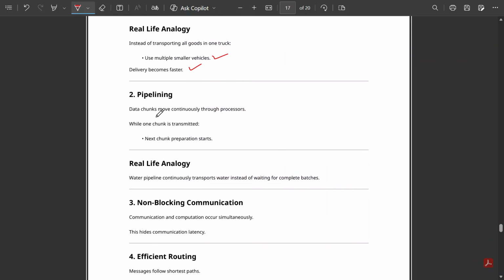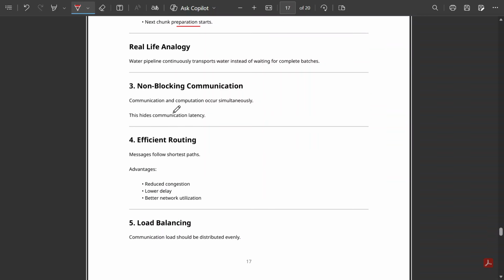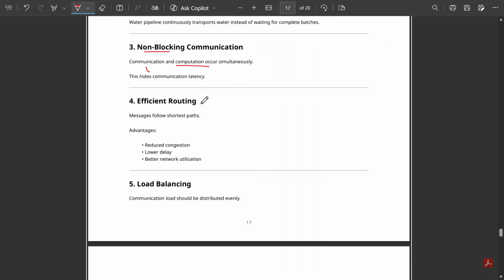Next, pipelining. Data chunks move continuously through processes. While one chunk is transmitted, the next chunk's preparation has already started. Then we have non-blocking communication, where communication and computation occur simultaneously, as opposed to blocking communication, which we had seen earlier. Then we have an efficient system where messages follow the shortest path.